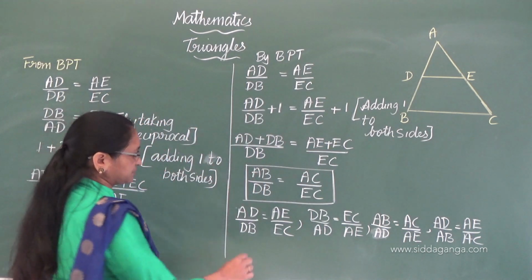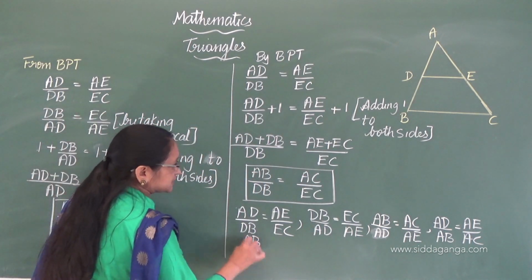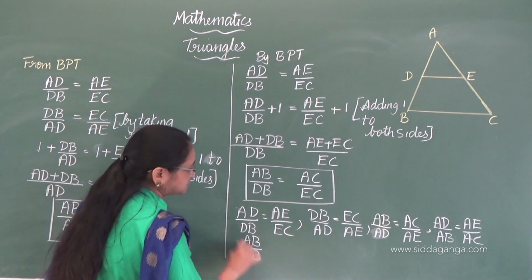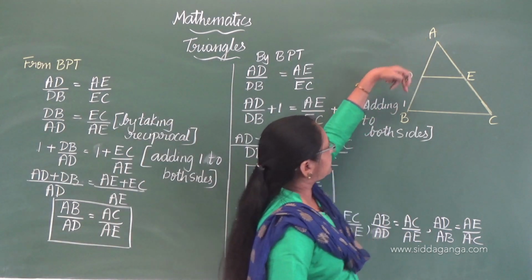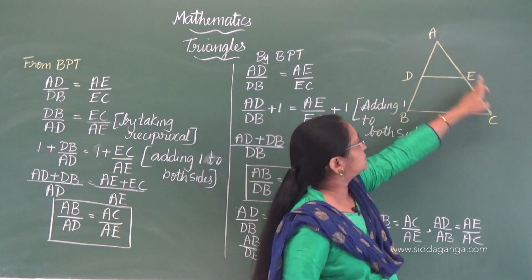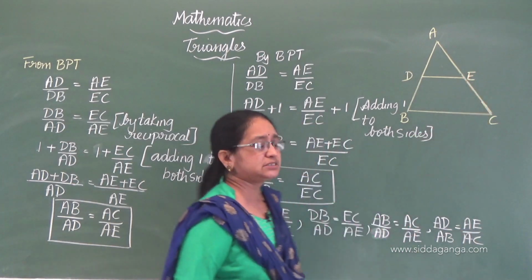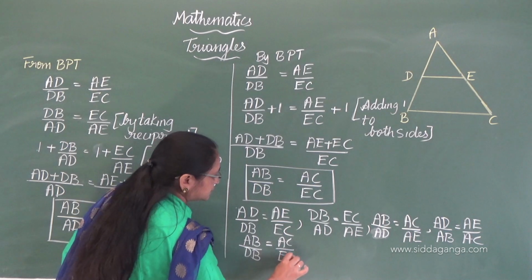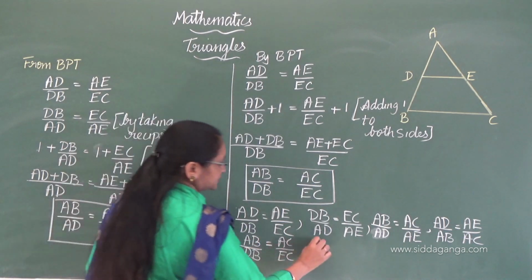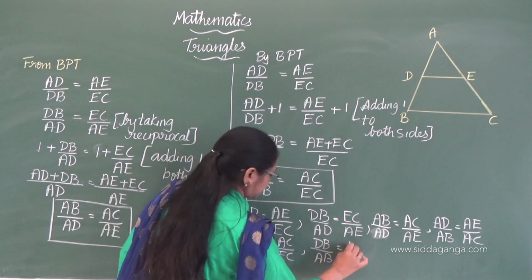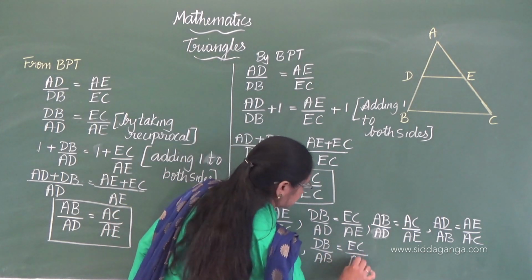Another 2 results from here. If I write AB by DB, the lower part of the triangle, is equal to AC by EC, and the reciprocal of it, that is DB by AB is equal to EC by AC.